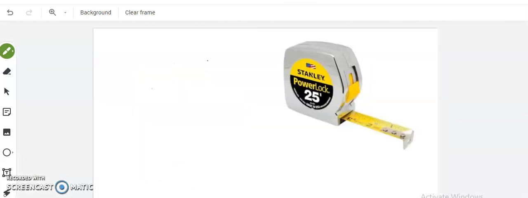The next tool here is a graduated tape. This one is used for measuring large lengths, like your classroom, like the length of a car, like the length of a table.